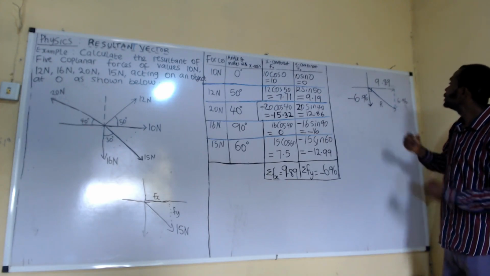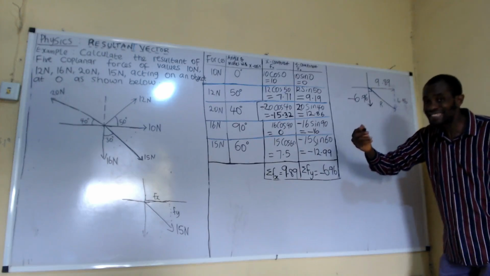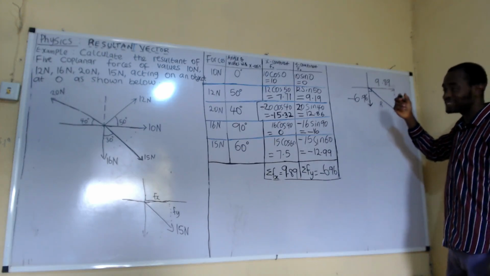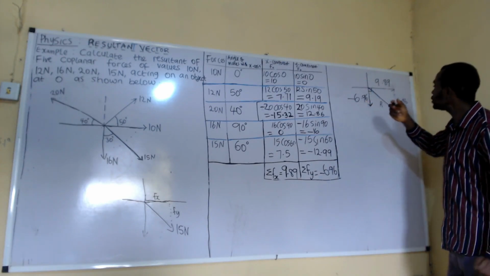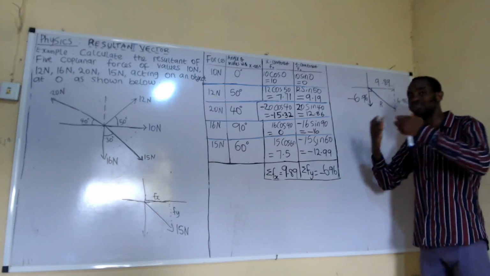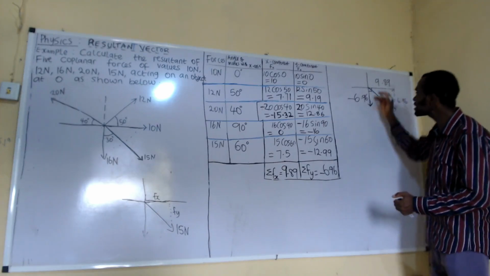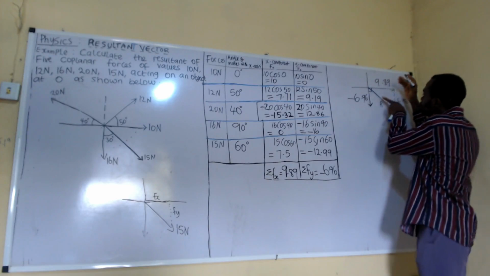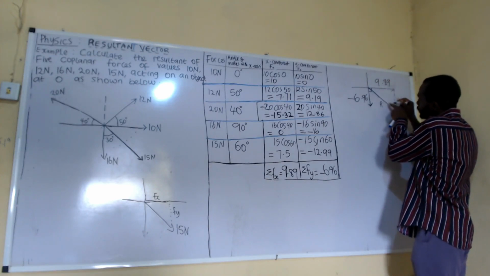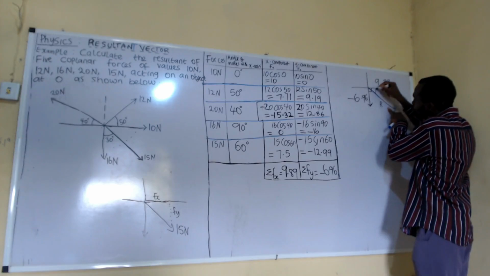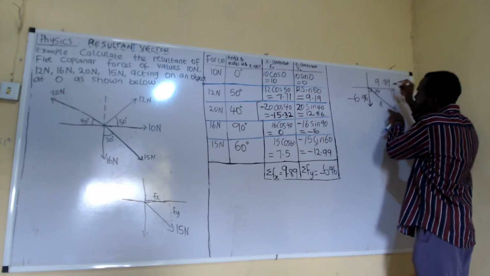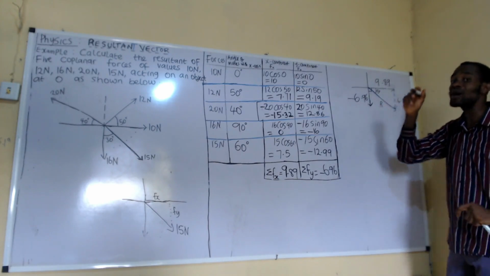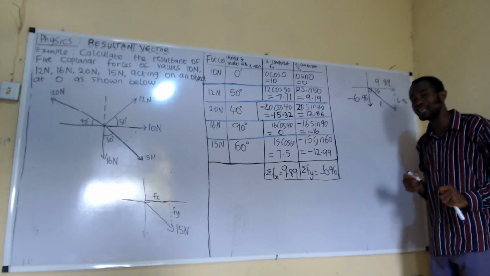Now, as earlier said, if you want to get the direction, it will be theta, the angle. And it will be the angle the resultant vector is making with the s-axis. So this resultant vector here is making an angle with this s-axis here, theta. So we are going to go ahead to solve for theta too.